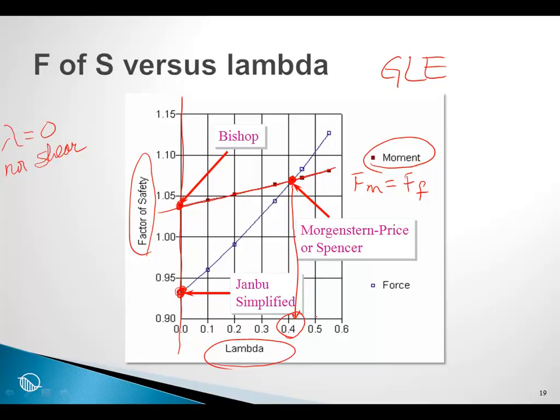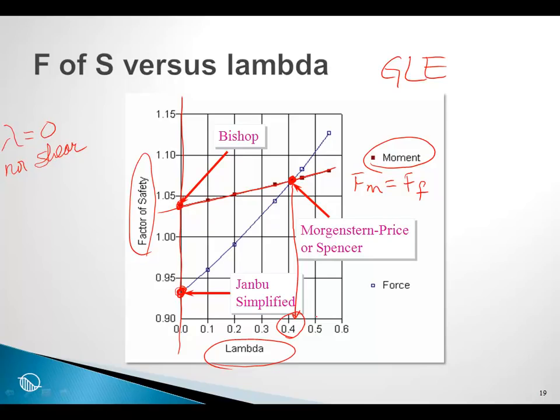We will refer to this graph a lot, and there are several benefits in it. It shows the relationship between several different factor of safety methods, and also, as we will see later, these curves sometimes can tend to become parallel, which is an indication that it is impossible to find a solution to that particular problem.